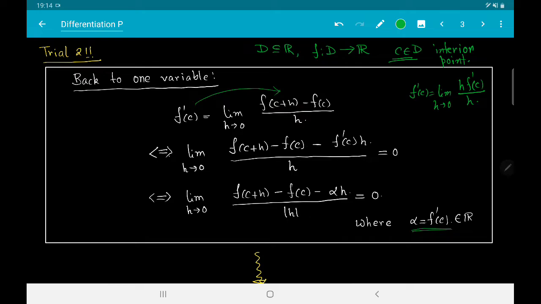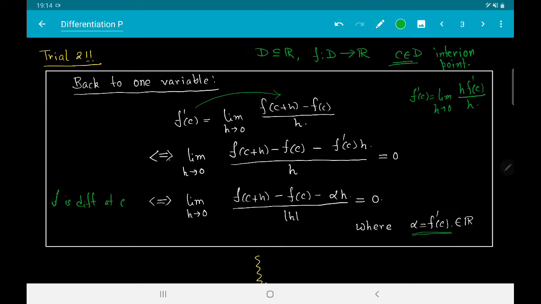So what we have seen is the following: f is differentiable at the point c if the following limit is equal to 0. This leads us to our second trial.